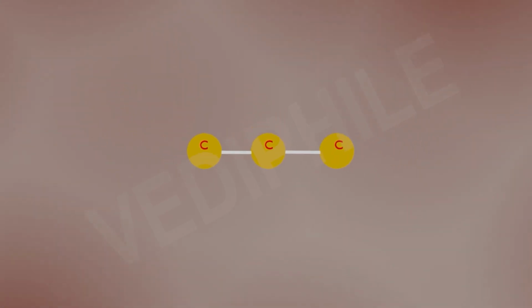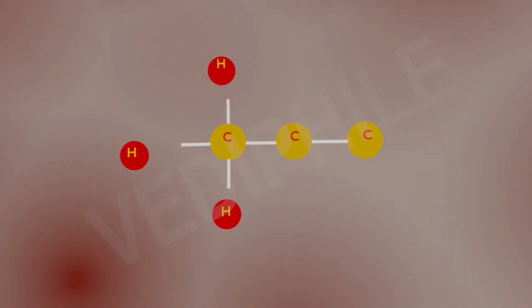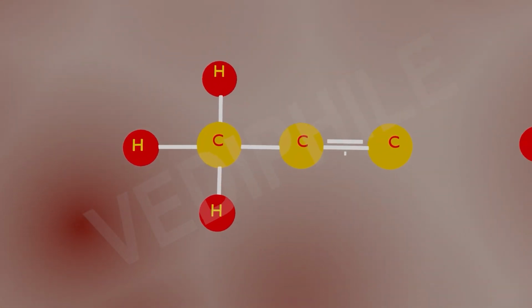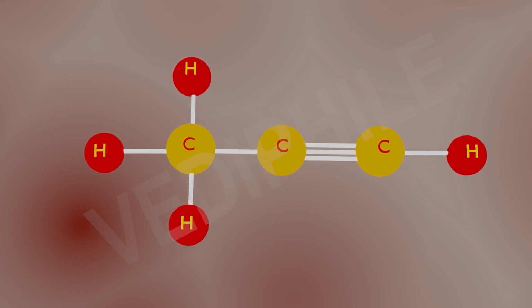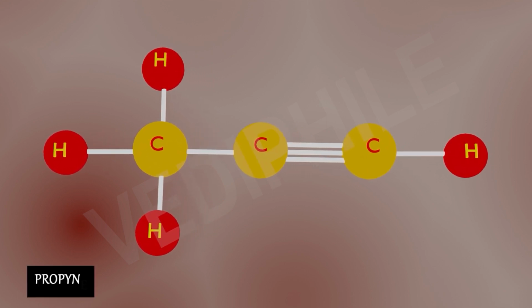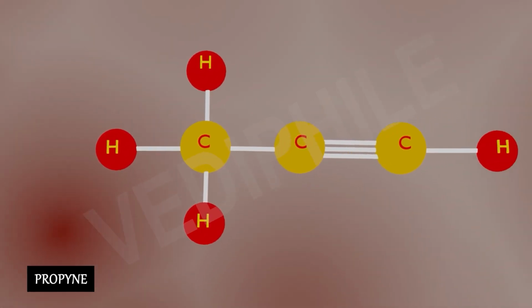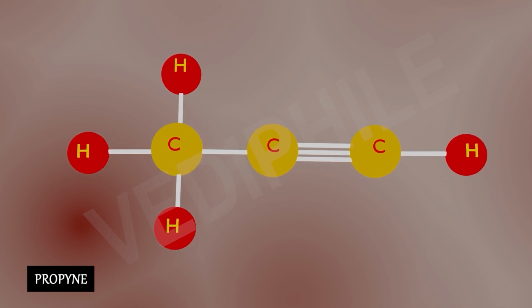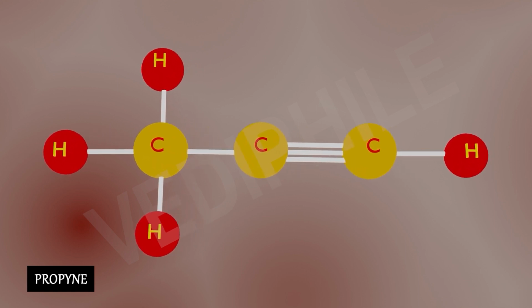If we see this compound, this is also having 3 carbons, so it is propane. But it is having a triple bond also, so it is called propyne. So -yne means -ane is substituted by -yne.